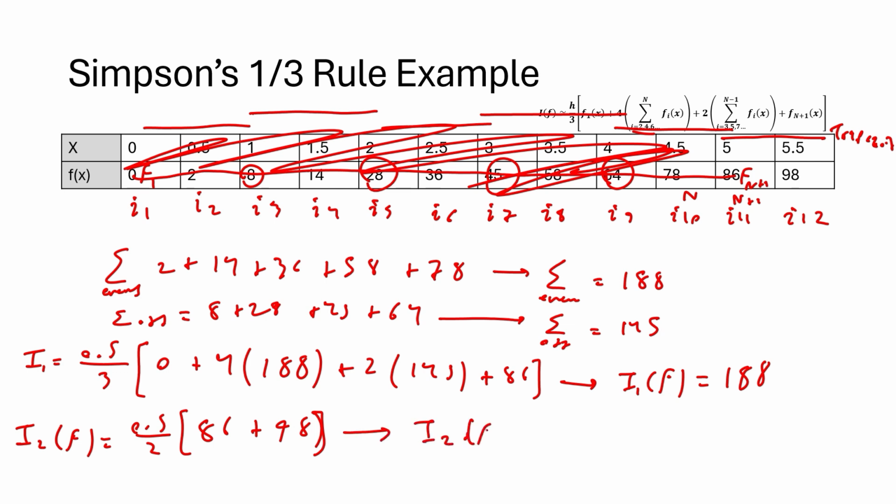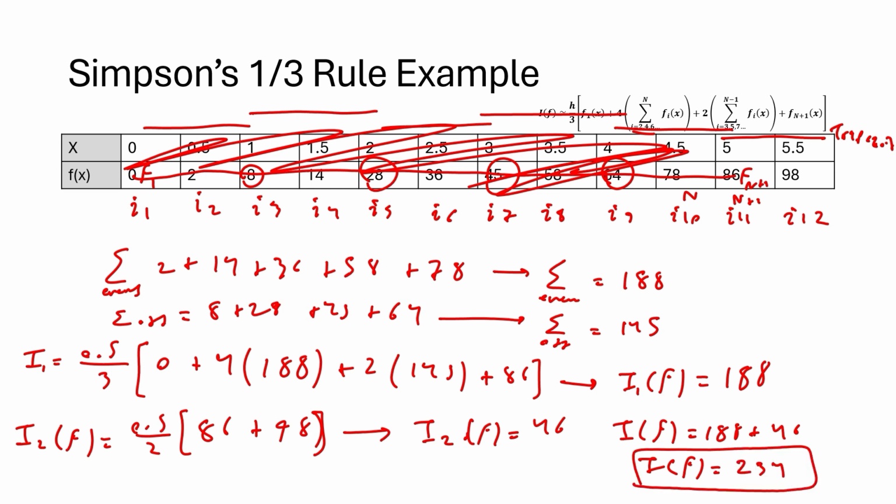For I2, plug that in the calculator, and you should expect to get 46. Now, if we total these up, we're going to find that I is going to be 188 plus 46, so we can calculate I to be 234. All right.